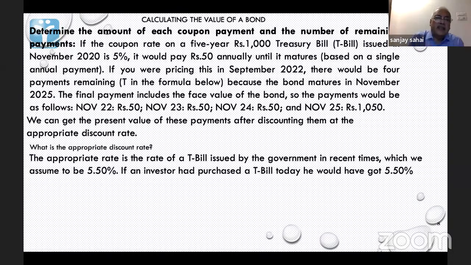Now the question is, the person who is going to buy, he will say, I have to pay 1,000 rupees. I will get a bond which has an interest rate of 5%. Then in that case, is there something better in the market? Can I get something else which is available for the same price, but which has a higher coupon or a higher yield?